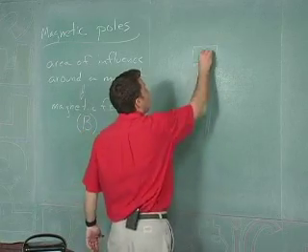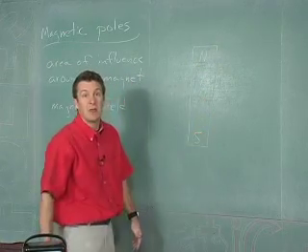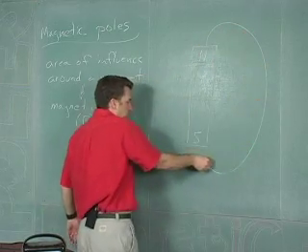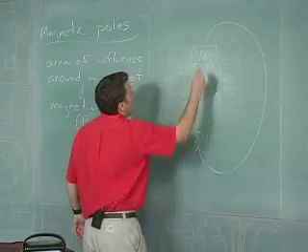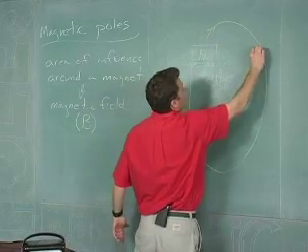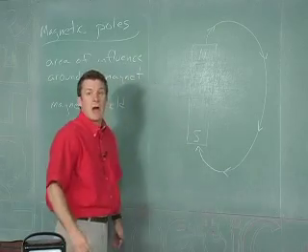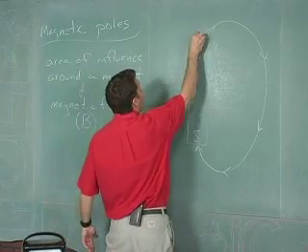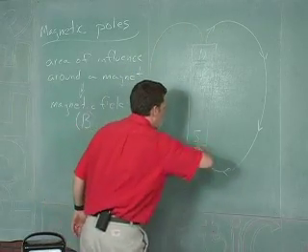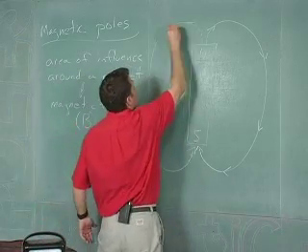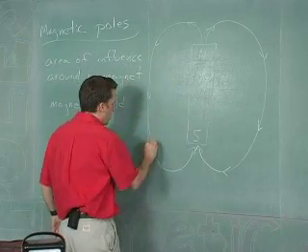If this is the North Pole and this is the South Pole, we recognize that magnetic field lines leave the North Pole and enter the South Pole. Now they go in both directions, and what's impossible for me to clearly show is their three-dimensional nature.